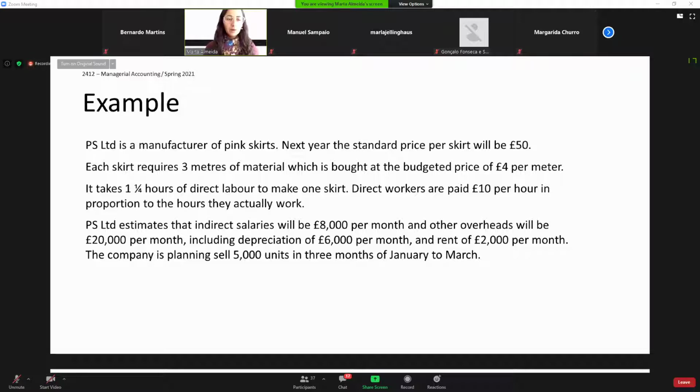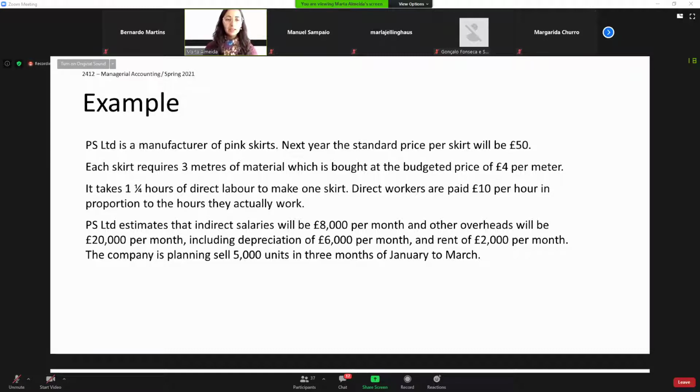It takes 1.25 hours of direct labor to make one skirt. Direct workers are paid £10 per hour in proportion to the hours that they actually work. The company expects indirect salaries of £8,000 per month and all other overheads of £20,000 per month, including a depreciation of £6,000 per month and rent of £2,000 per month.